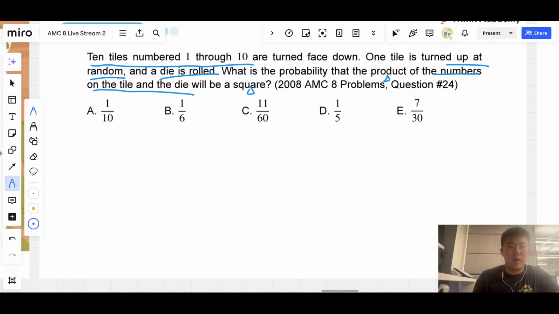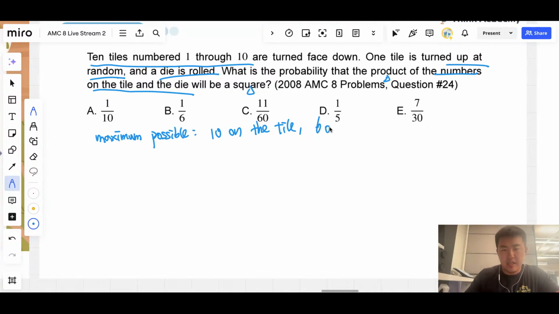So think about what the extreme case is. The maximum possible. This will be 10 on the tile, right? The largest number you can have on a tile in this case is 10. And the largest number you can have on a die is 6, right?